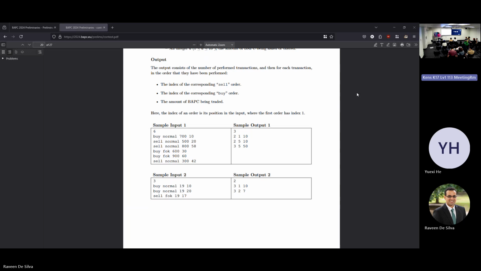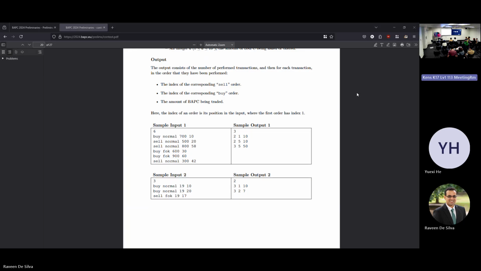So if it's a normal order, what can happen? A single normal order. Say you put in a normal order to buy gazillions of the stock at a really high price, then you're going to get matched with the cheapest sell order, then the next cheapest, then the next cheapest, etc. You're going to potentially have lots of transactions take place just off this one order that you placed.